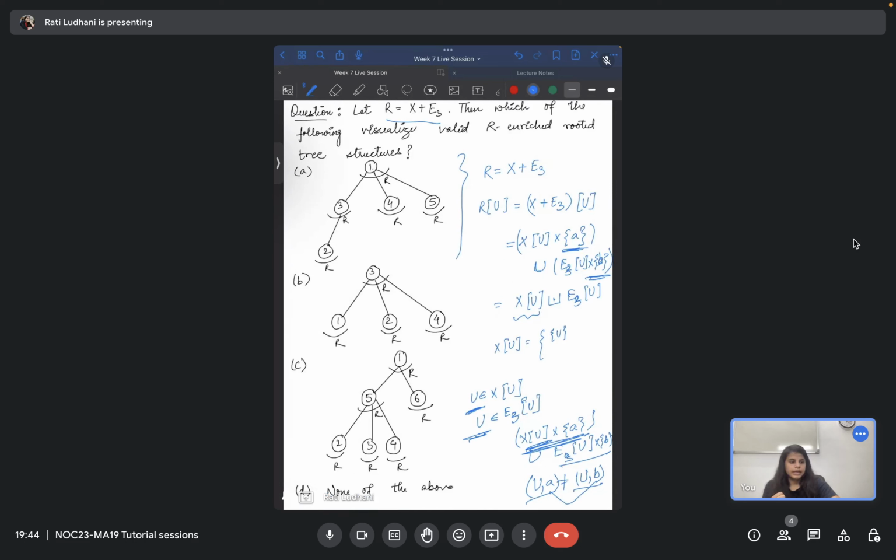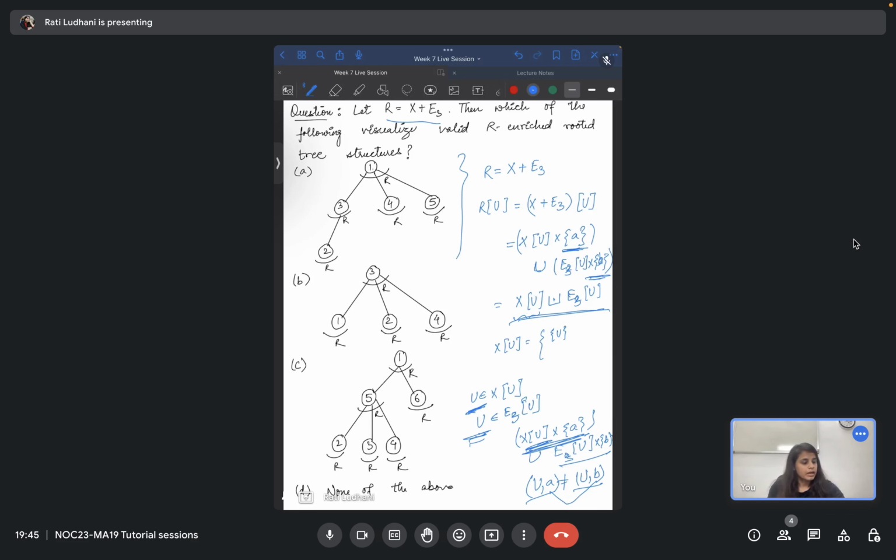So here u and u will be something different. This is said to be the disjoint union. That's why the sum will always be the cardinality of xu plus cardinality of e3u, because there is no intersection, since this is a disjoint union.